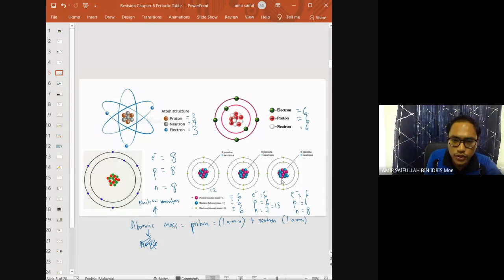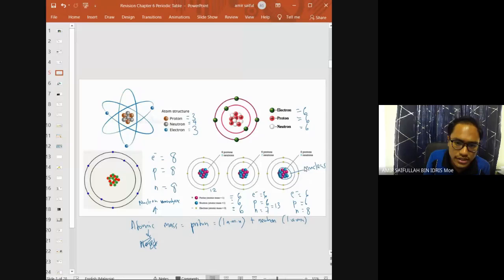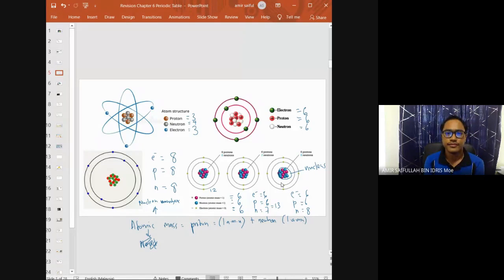So the atomic mass or nucleon number is 14. The electrons we didn't add, because we consider them as having no mass. So the mass is only in the nucleon. Why nucleon? Because of the nucleus. This is a nucleus, so that's why we call this the nucleon number, the number inside here: the proton plus the neutron. Can you understand?